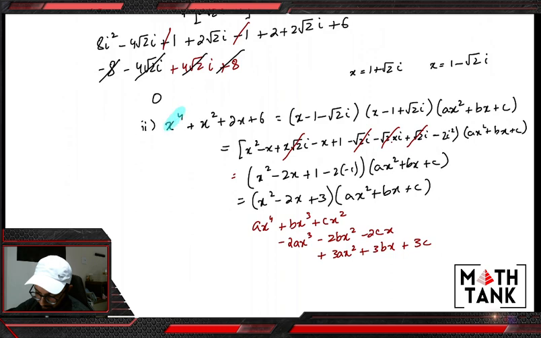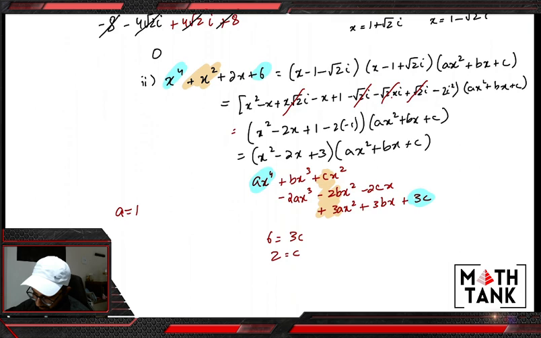Okay, doing a quick comparison, I have a power 4 term that I compare to the power 4 term, so a is equal to 1. Then I go on and compare the other terms. I don't have a cubic term, so the x squared term is the one in the middle. In order to do this quickly, compare the last term first, so 3c equals 6, and that should give me the middle term as well.